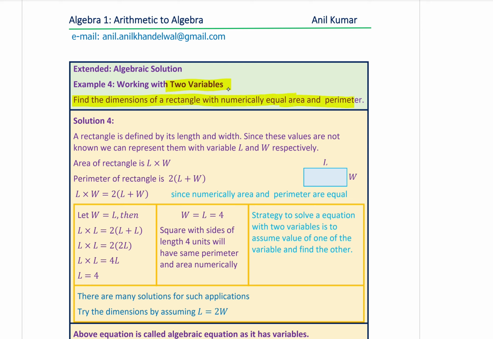Well, what does it mean? It means that we want length and width. We want to find what is length and we want to find what is width when area is equal to perimeter. That is the question. Interesting, right? We know that length and width are related, and area is length times width, and perimeter is twice length plus width.